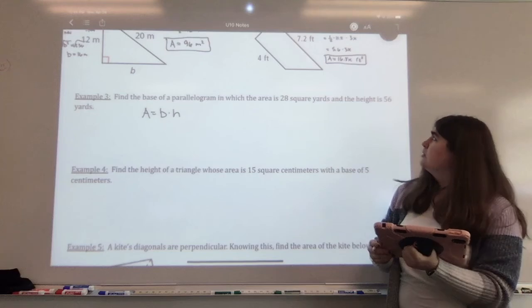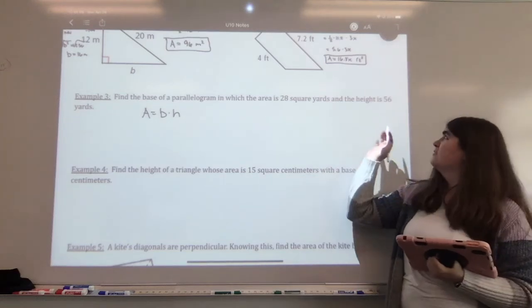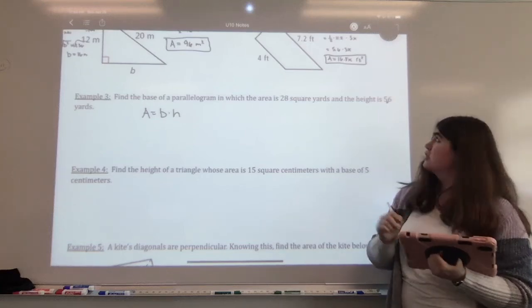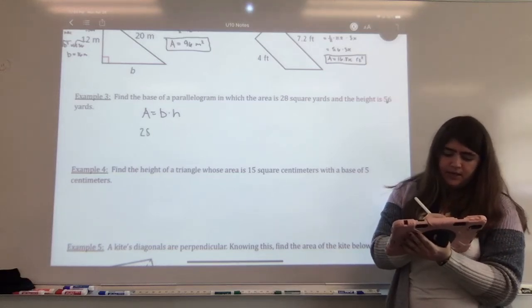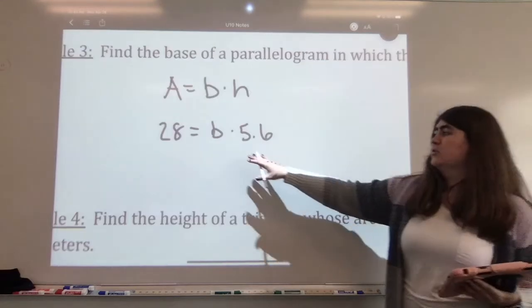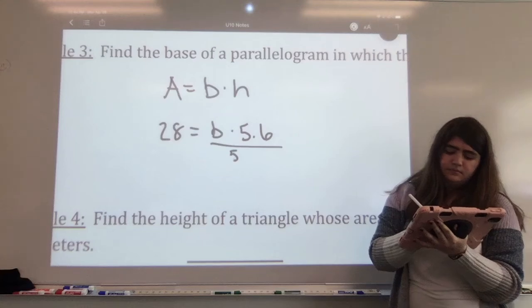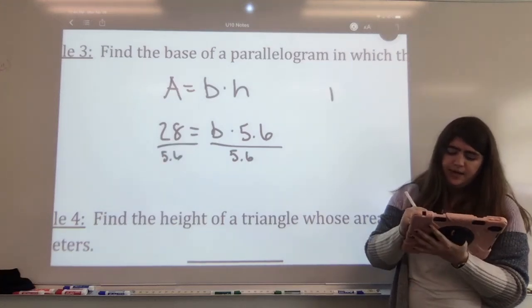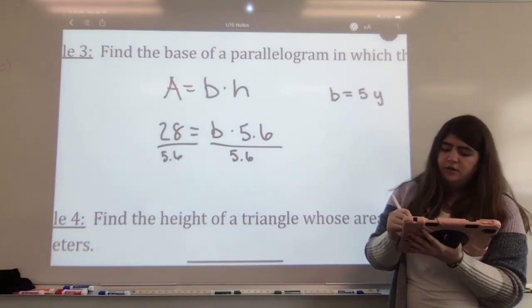So now I'm thinking about it, this is supposed to be 5.6, not 56. So let's change that, that's 5.6. So then we have area is 28 is equal to the base times 5.6. So we're going to divide out 5.6 from both sides. And when I divide 28 by 5.6, that gives me that my base is equal to 5 yards.